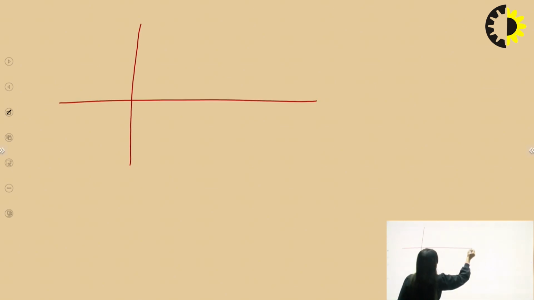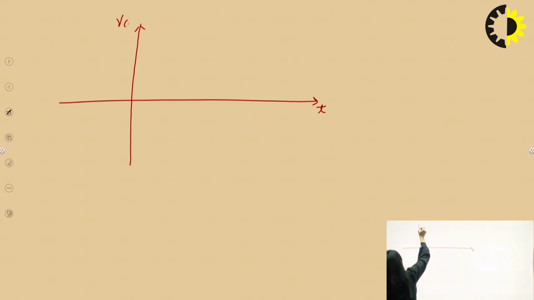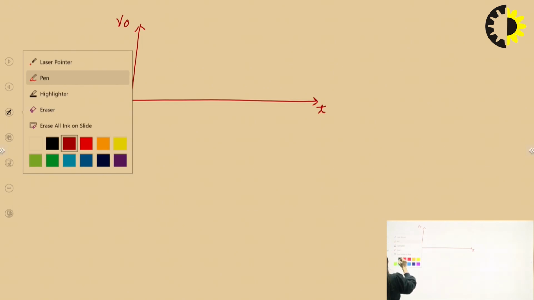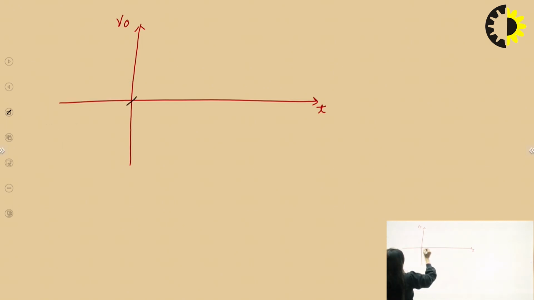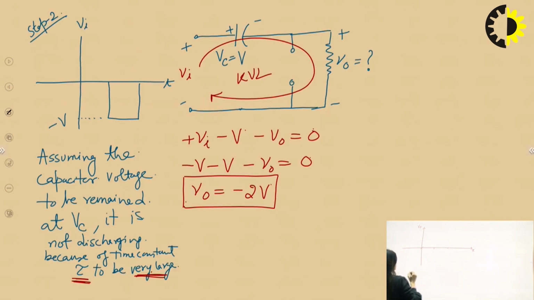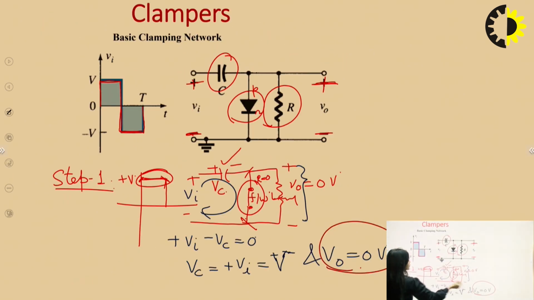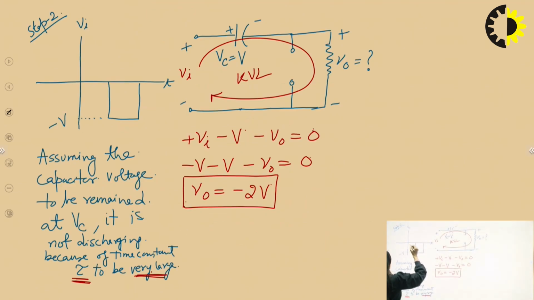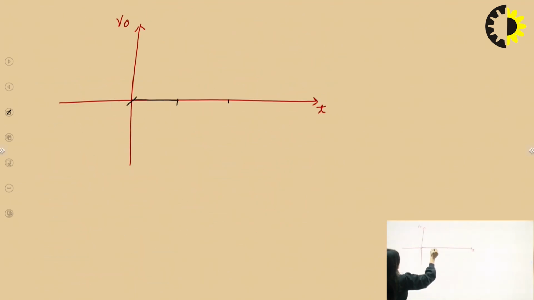So here it is. Step 1, output is 0 volt. Output is 0 volt, right?